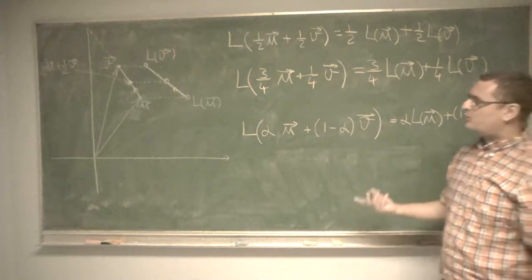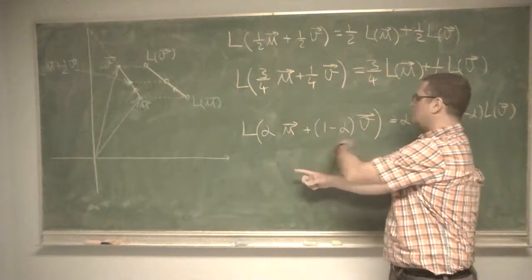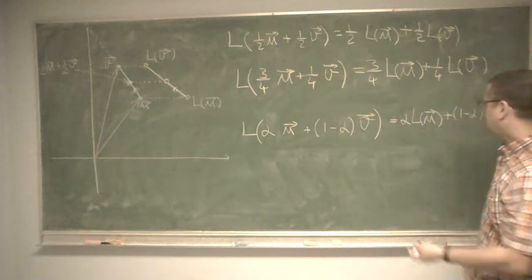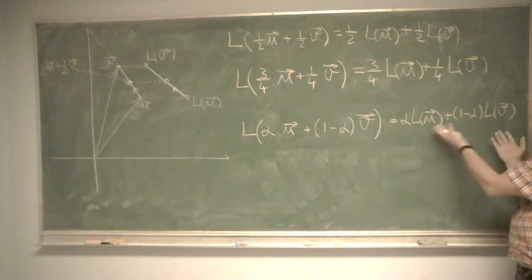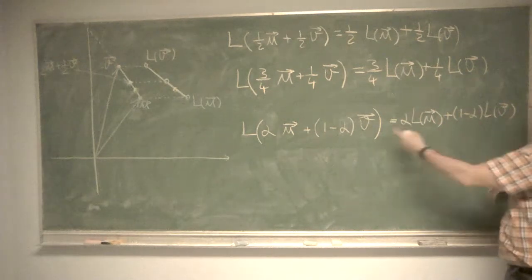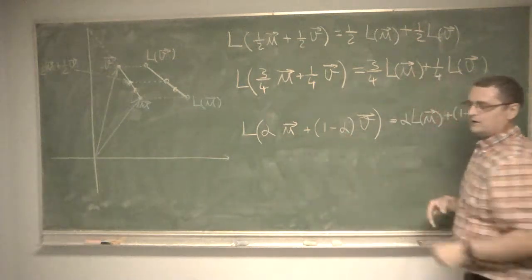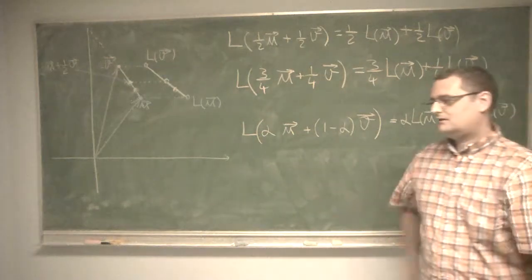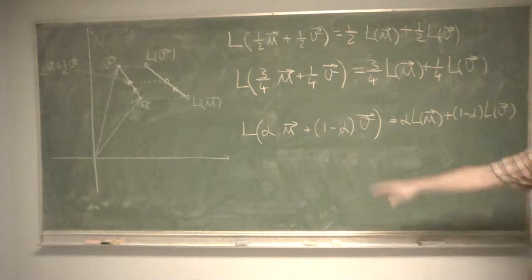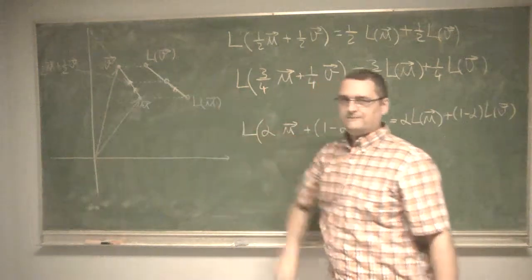So if you have 3 points u, v, and this one that are collinear, belong to the same line, when you map, L of u, L of v, and L of the third point will be on the same line, as we can see here.